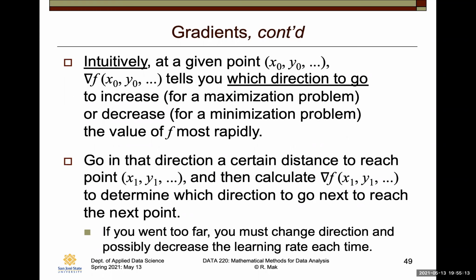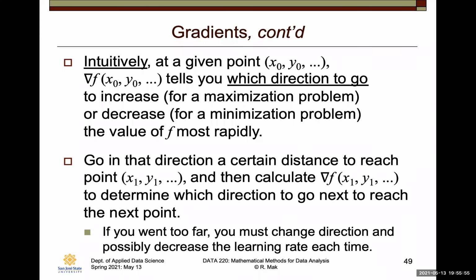So that's very useful, right? You're standing on this three-dimensional surface, and let's say it's a maximization problem. Well, which direction should you go that will give you the steepest ascent? Well, this del operator will tell you. So like the example that we saw earlier, once you know which direction to go, you then have a learning rate, and you go a certain distance in that direction, and then you check.